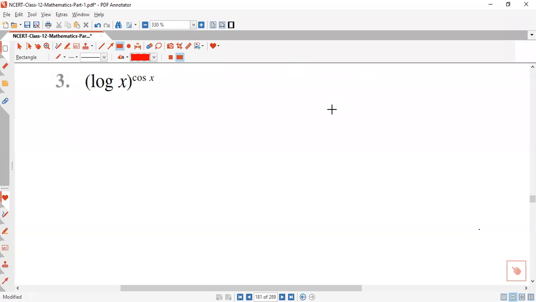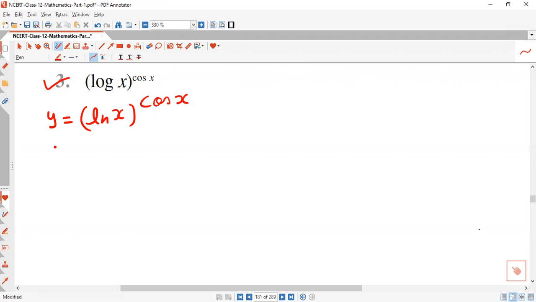Now, question number 3. I would like to differentiate this function, log x raised to cos x. So the differentiation of this function: taking the log on both sides. We again put it here, y equal to (log x) raised to cos x.